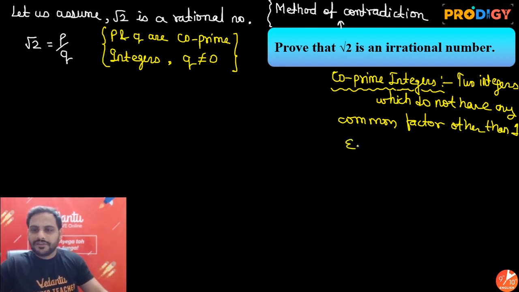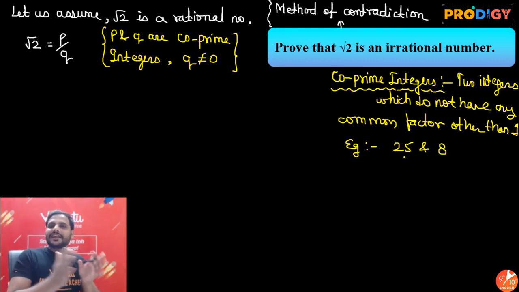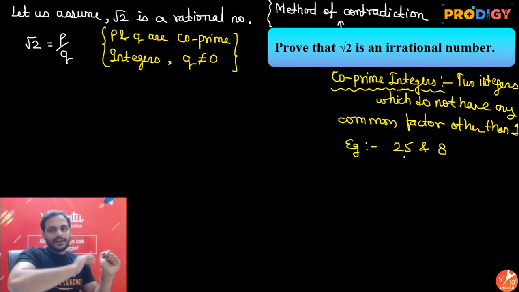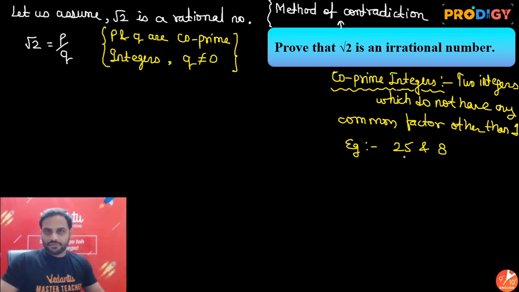For example, let's say 25 and 8. Both are composite numbers, but co-prime is a relative thing. There is no number other than 1 which can divide both, so they are co-prime integers.